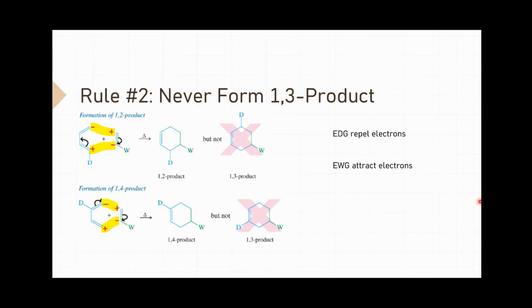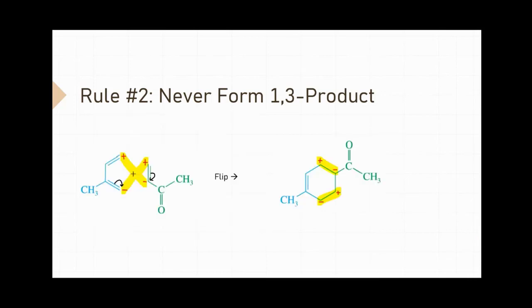Here's another example. If you do that same thing, if they are the opposite, all you need to do is flip them, and then once you flip them, you can just draw a bond between those two carbons.